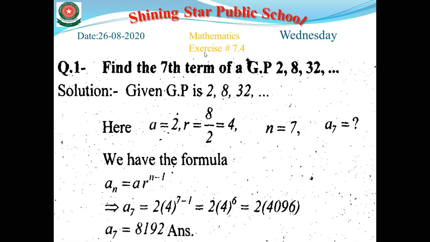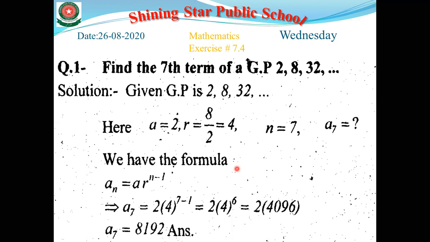So in AP we have the formula AN equals A plus N minus 1 into D. In all of these exercises in which we solve arithmetic progression, we have to find A, N and D. D is the common difference.